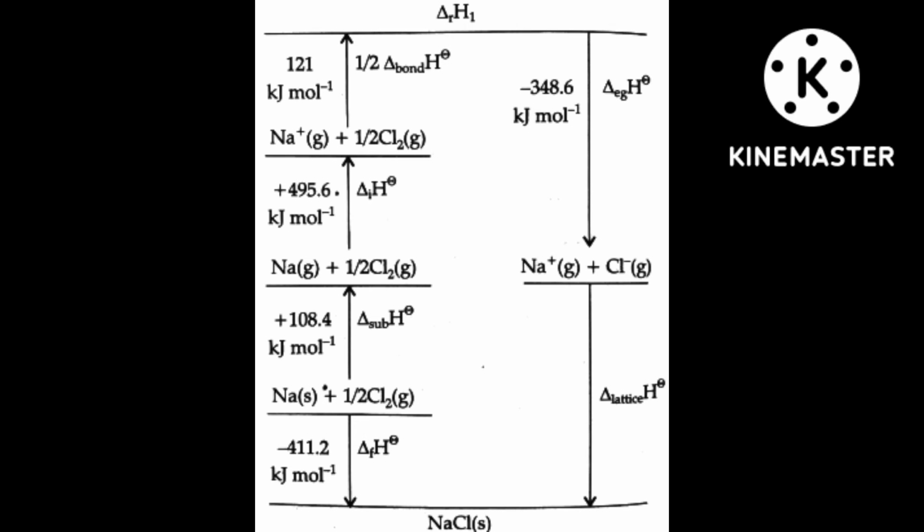Therefore ionization enthalpy includes two terms: E0, the energy at 0 degree centigrade, meaning 273 K, plus 5 by 2 RT. And for the heat of reaction for electron gain, the electron affinity, denoted by capital A, it is minus A minus 5 by 2 RT.